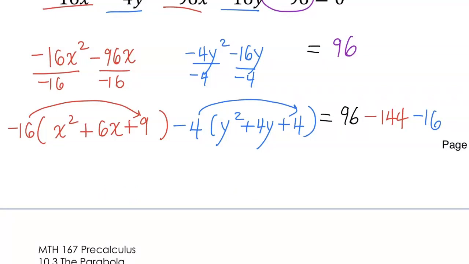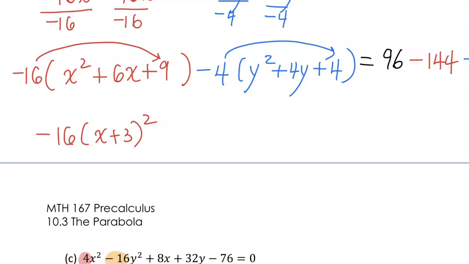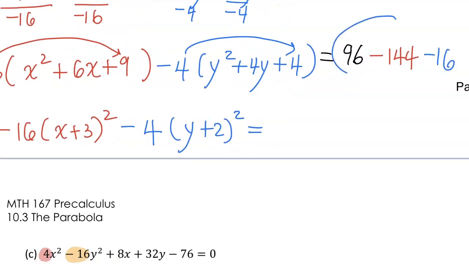Let's simplify this. I will get negative 16, x plus 3 squared for the x's. For the y's, we will get minus 4, y plus 2 squared. And all that equals, let's combine these, 96 minus 144 minus 16. That comes out to be negative 64.